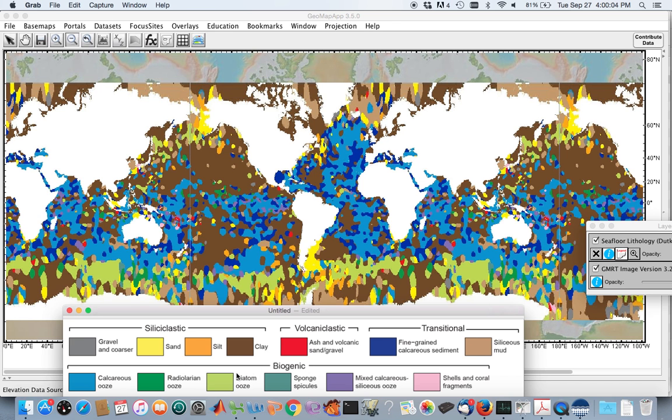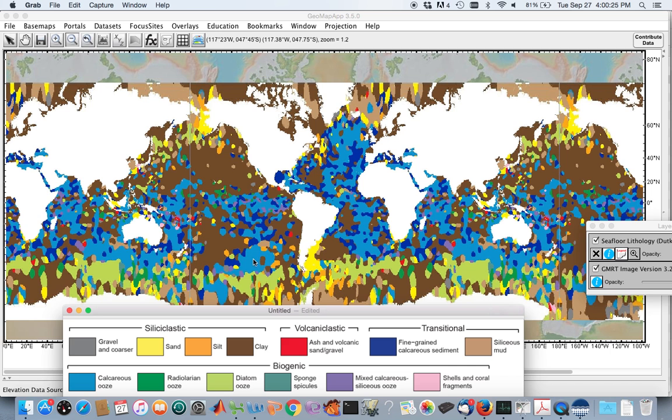Then we have the pure biogenic or biogenous sediments, calcareous ooze, the radiolarian and diatom ooze. These are both siliceous oozes. Okay, and then we just have shell fragments and mixed calcareous siliceous oozes. So it's like a transition.